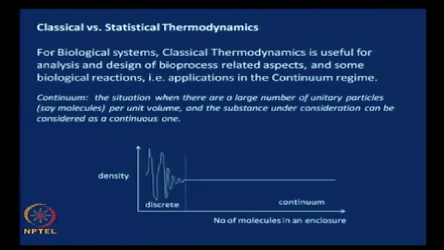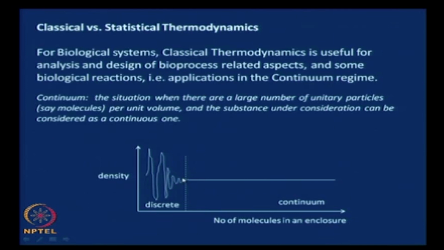To understand that a little better, let us look at a plot of, say, density, a system property, versus the number of molecules in that enclosure, and let us say that we are slowly decreasing the number of molecules in that enclosure. Till a certain point there will not be much change in the density, and in this region we can say that continuum exists.